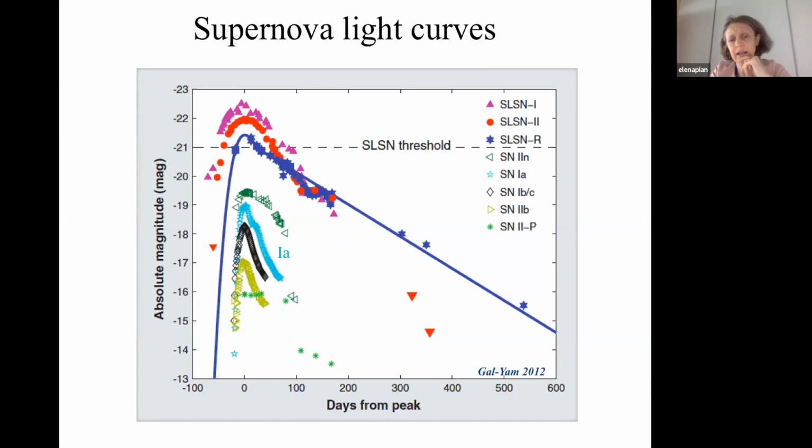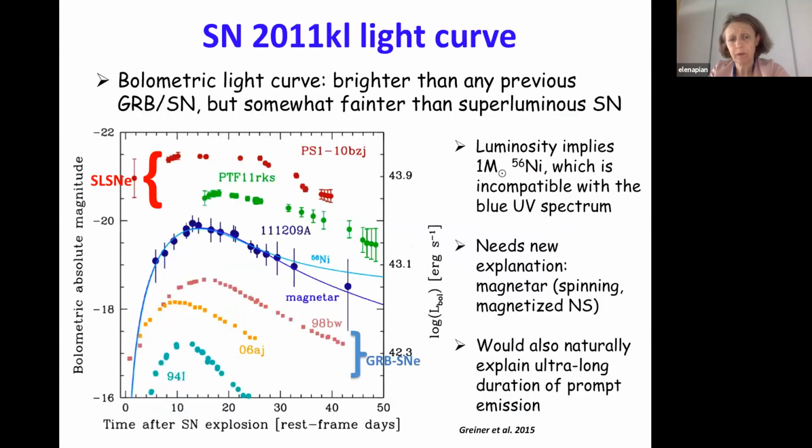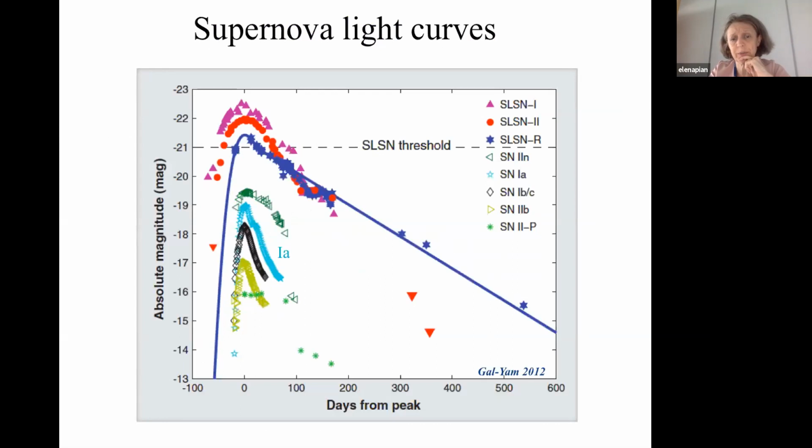So our 11kl supernova is here in between. It's at absolute magnitude -20, the maximum is at -20. So it's truly in between. It's a bridging object, an object bridging the gap between superluminous supernovae and every other type of known classical supernova.